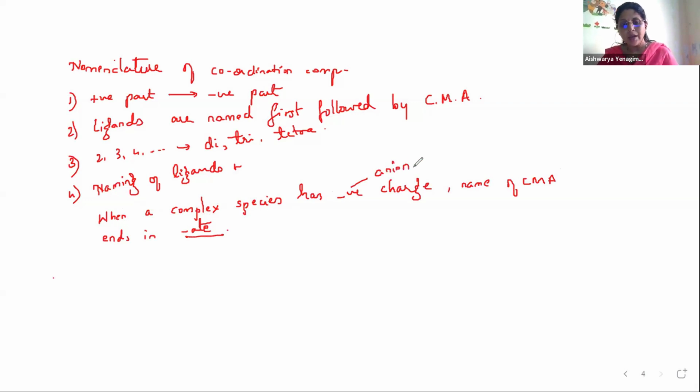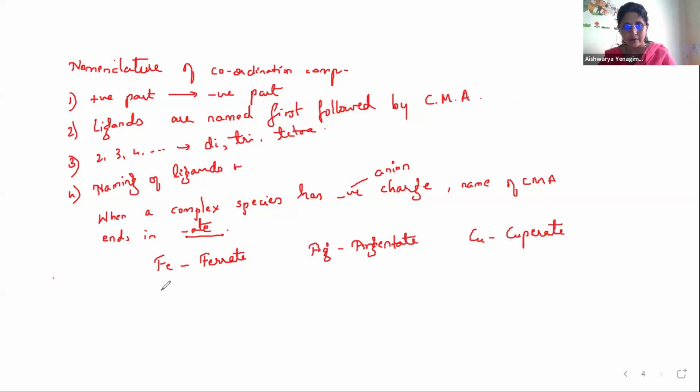For some elements you use Latin names also. For example, Fe you write as ferrate. If you have Ag, you don't use the term silver here; you use the term argentate. If you have Cu, you write it as cuprate.